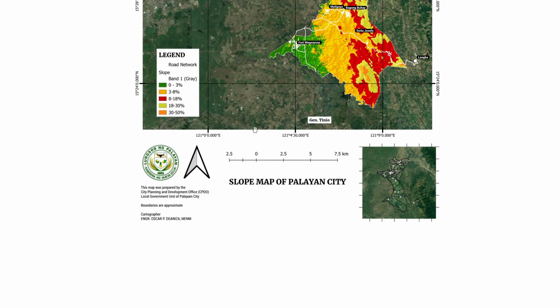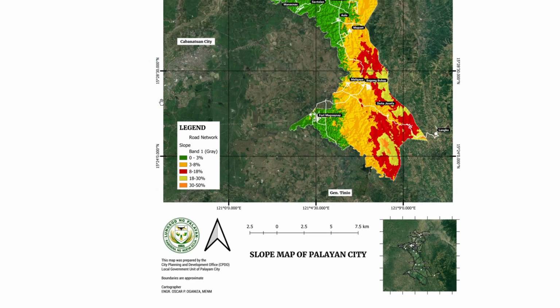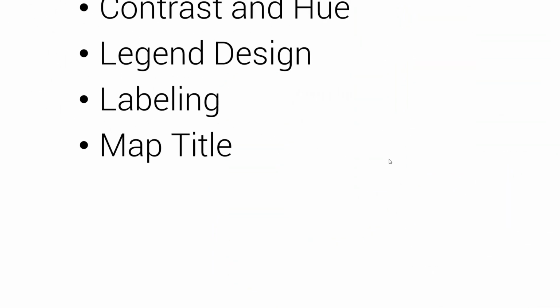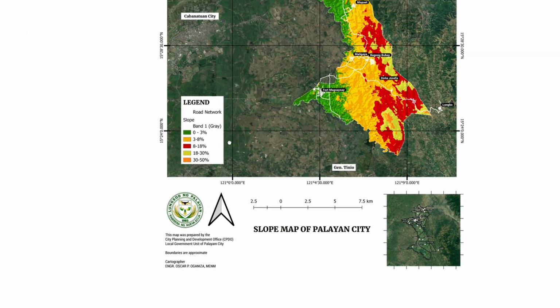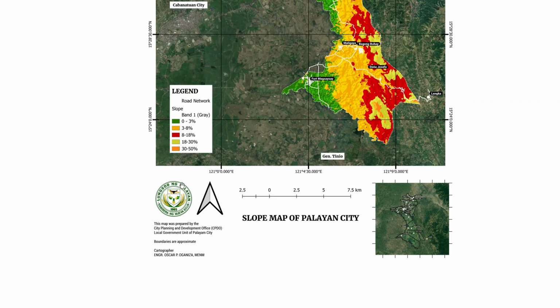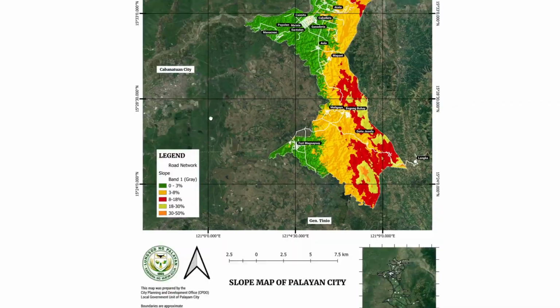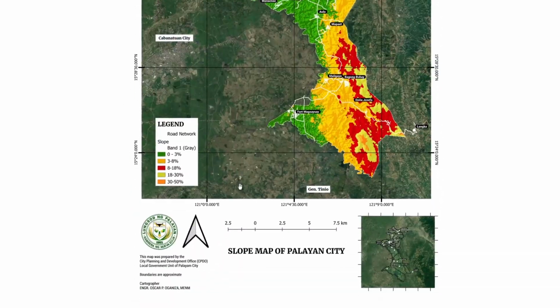And also, we have here the index map of Palayan City, the logo of Palayan City, and the north arrow. So, those are the labeling and map title. Sa map title naman, include a descriptive and concise map title that communicates the map's theme or purpose effectively. So, yeah, ang title nito is Slope Map of Palayan City.